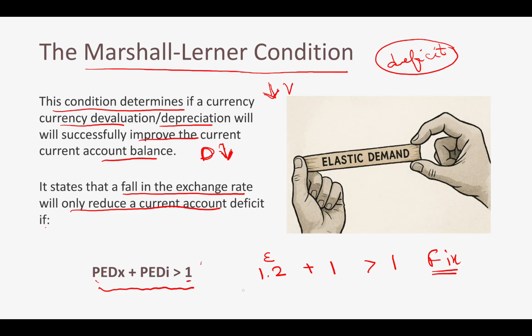But for example, if the PED of exports is inelastic, like 0.8, and the PED of imports is also inelastic, like 0.2, the sum is equal to 1, not greater than 1, so it will remain unchanged.